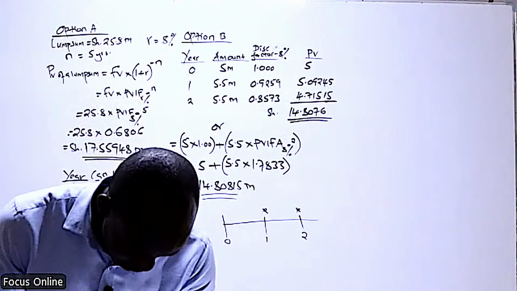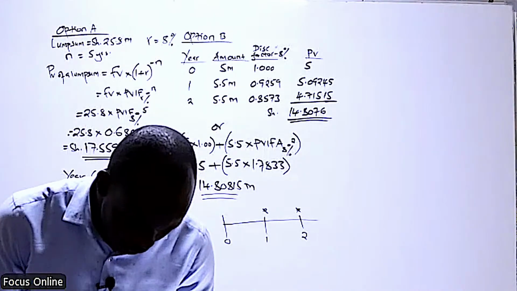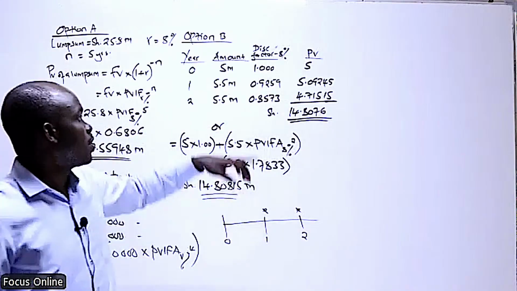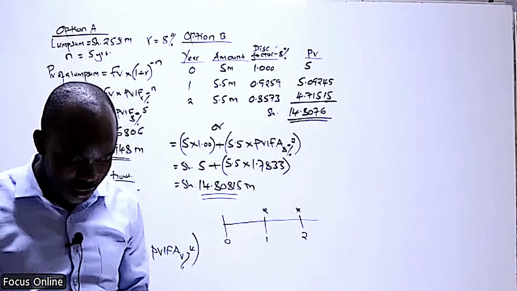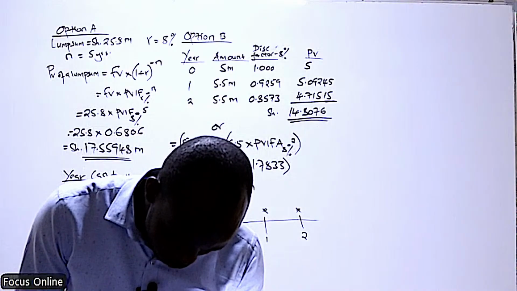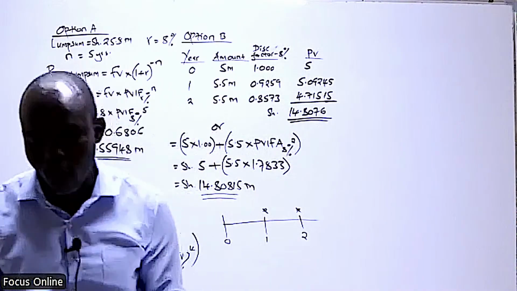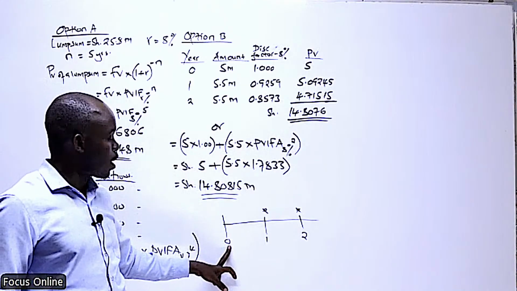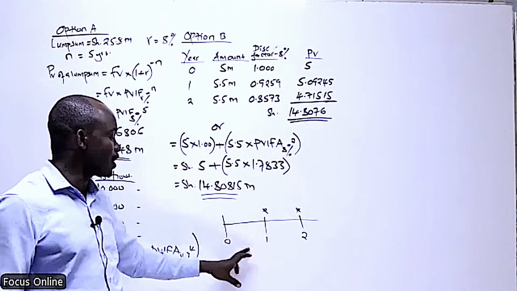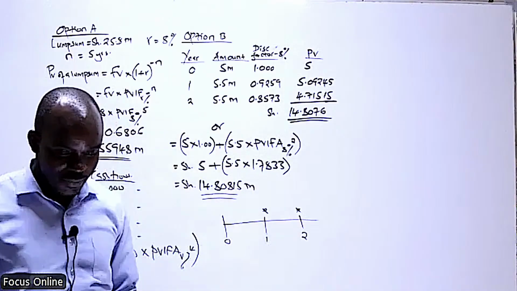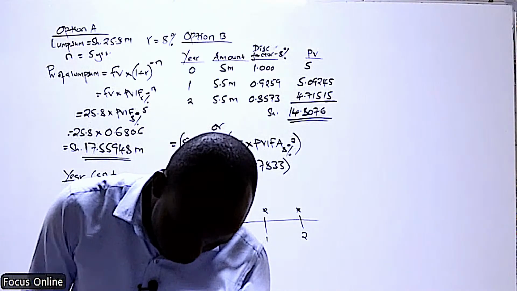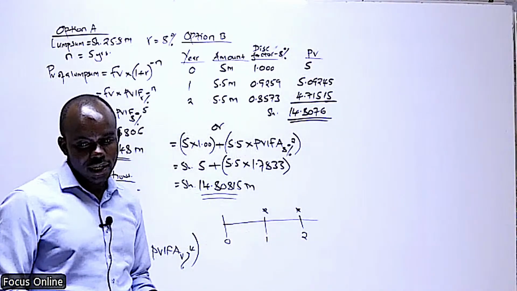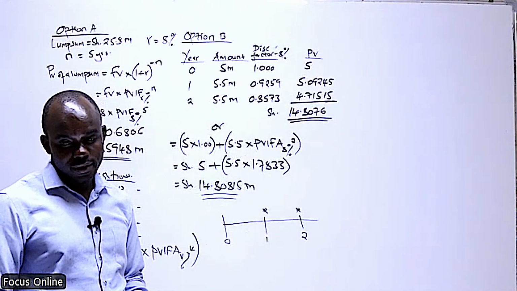They're saying, a sum of shillings 16 million paid as follows: shillings 5 million payable today, and today we have said this is year 0. Then 5.5 million to be paid after 1 year, which means it is at the end of year 1. And the other 5.5 million to be paid after 2 years. So Alan, I believe that's okay.